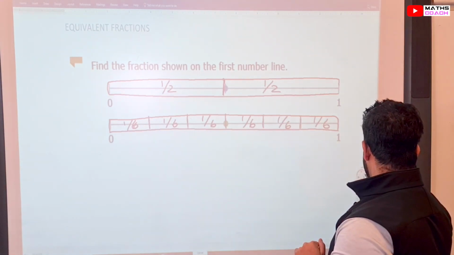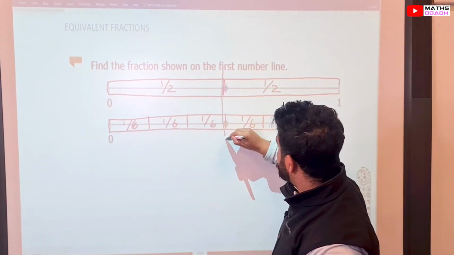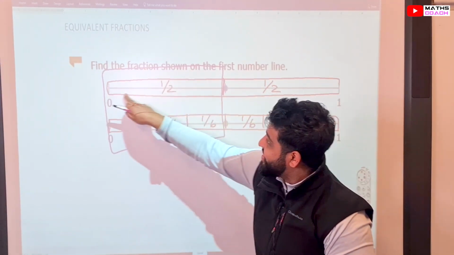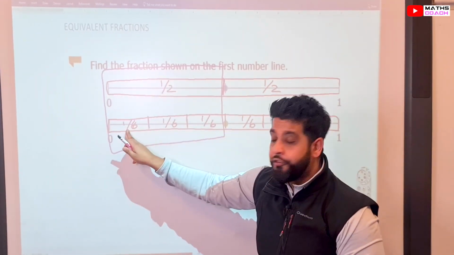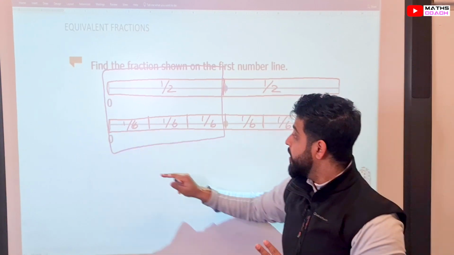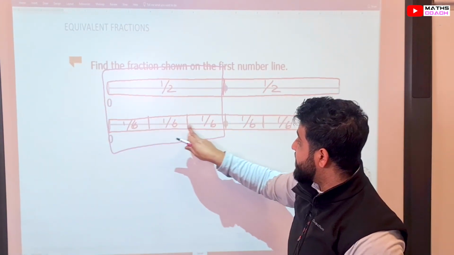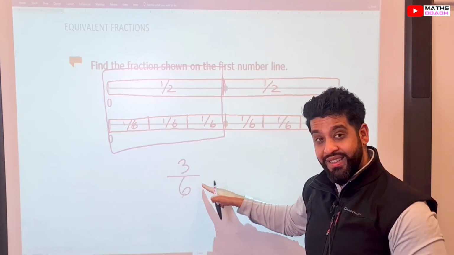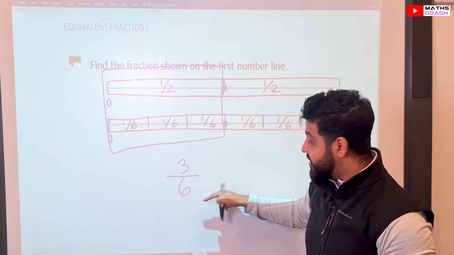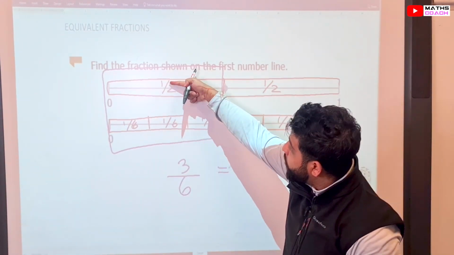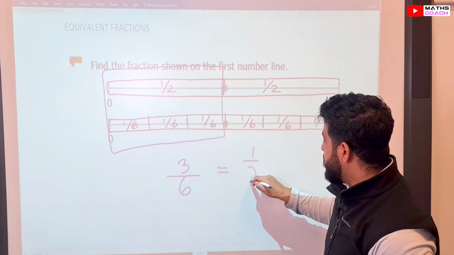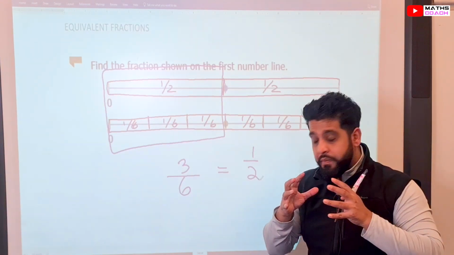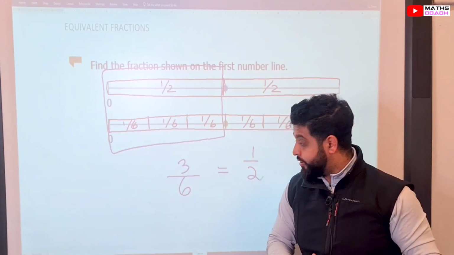Now can you see, if I just do that box here, can you see that this is equal to 3 of those, okay? So therefore, 1 over 6, 1 over 6, 1 over 6, we have 3 lots of 1 over 6, which we can write like this. So 3 over 6 is equal to 1 over 2.